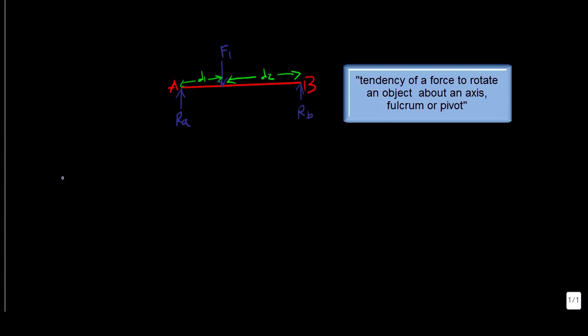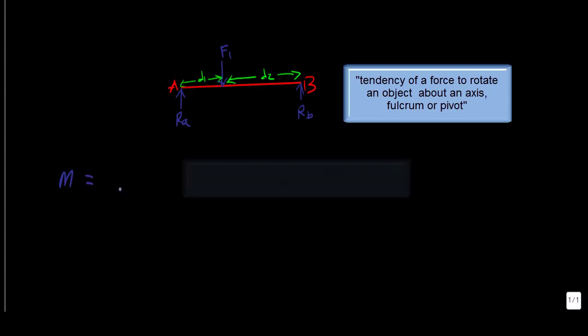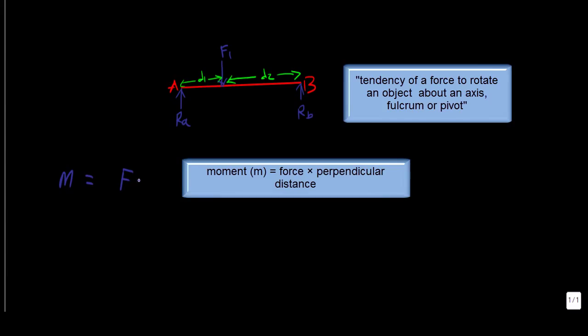The moment M is equal to force times distance, where F is the magnitude of applied force, and D is basically the distance from the axis of rotation to the point where the force is applied.